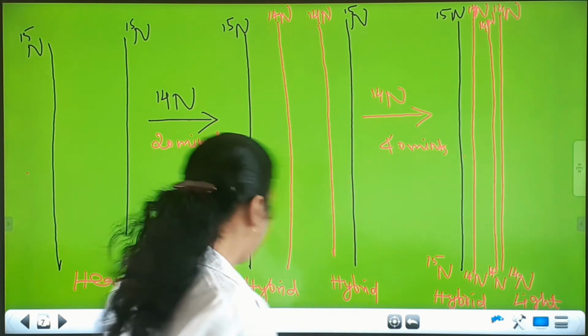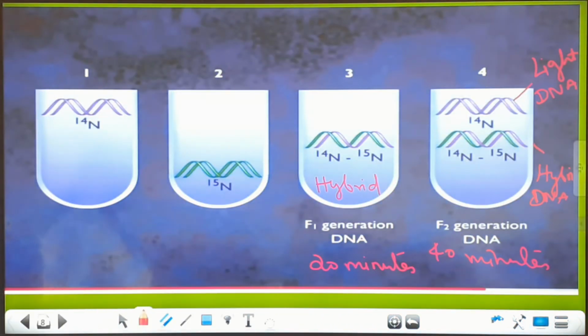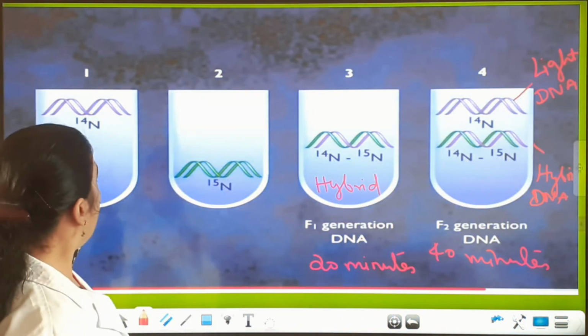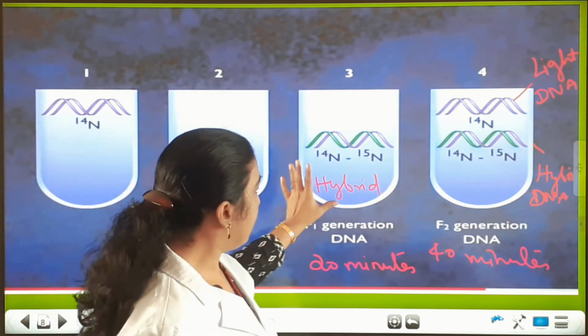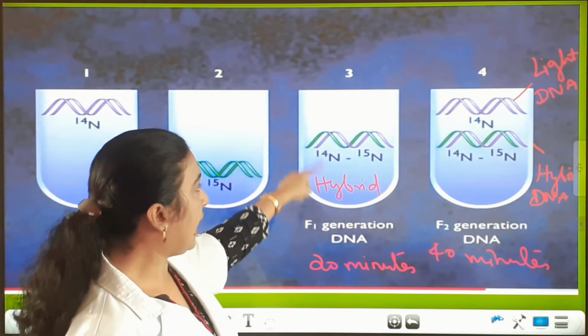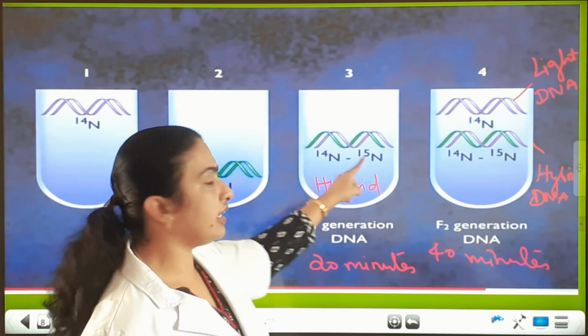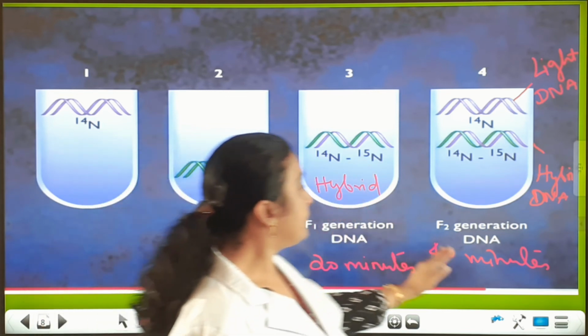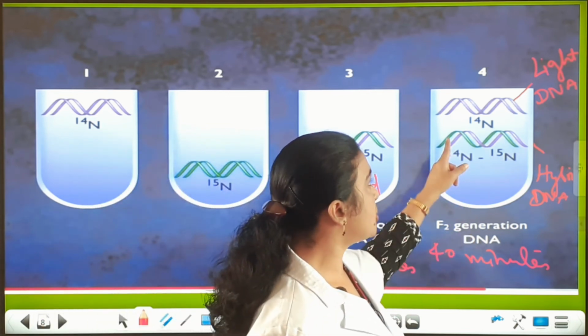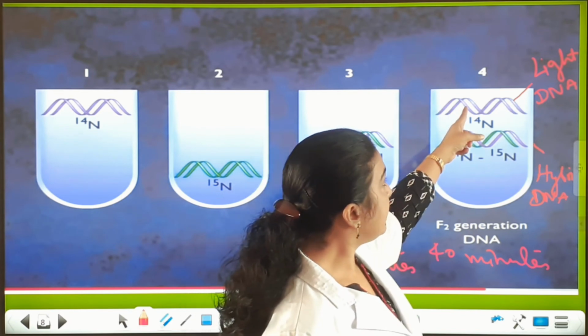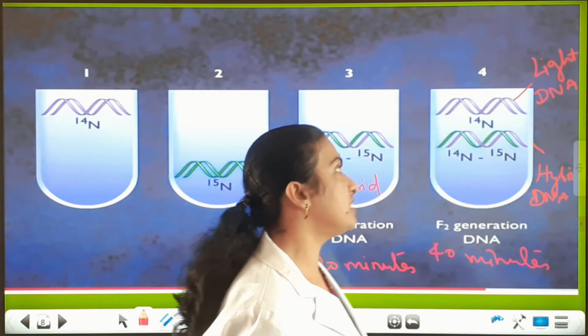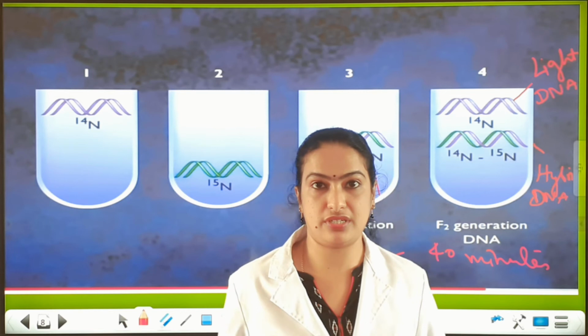Then I will show you the picture. Here in the first generation, they got a hybrid variety which is having N14 and N15. But after 40 minutes in the F2 generation, they got light DNA and hybrid DNA in equal amounts.